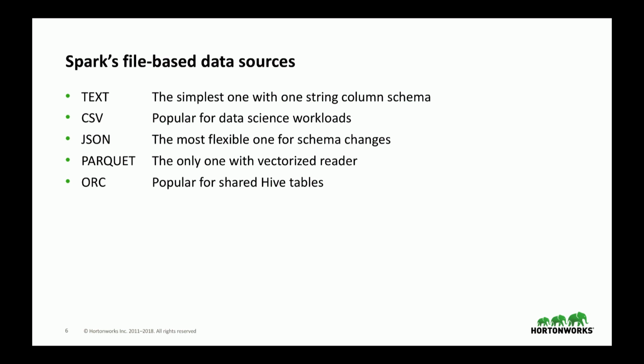Every data source has different capabilities, and the features are not the same: in some parts Parquet is advanced, in some parts ORC is advanced, and JSON is the same. Parquet was the only one with a Vectorized Reader before, but now ORC supports that. And ORC is popular for shared Hive tables.